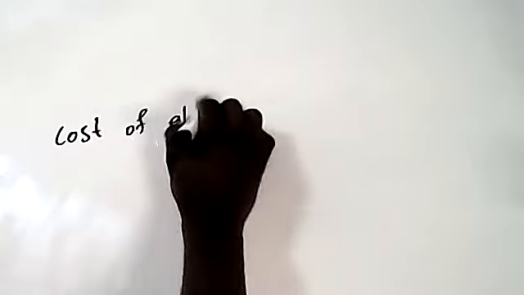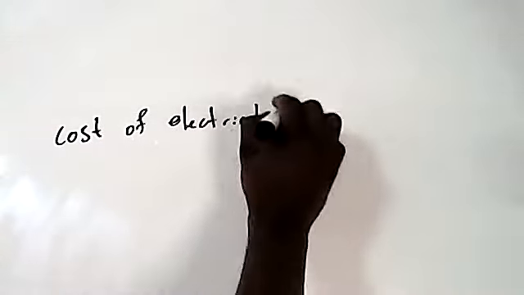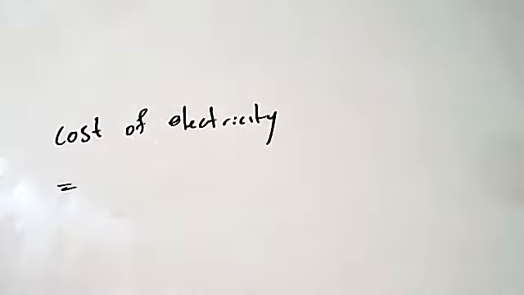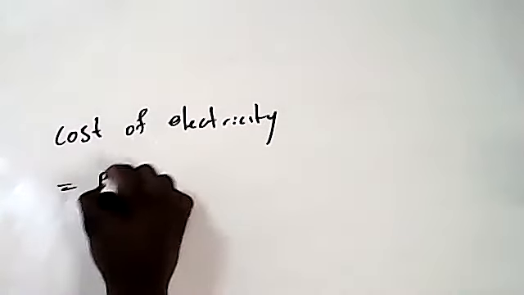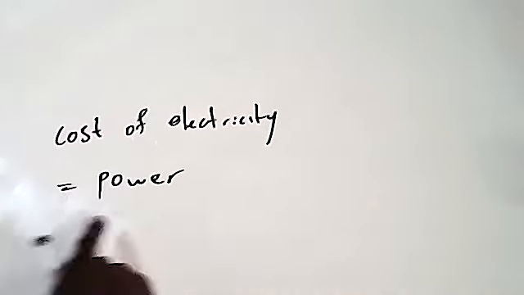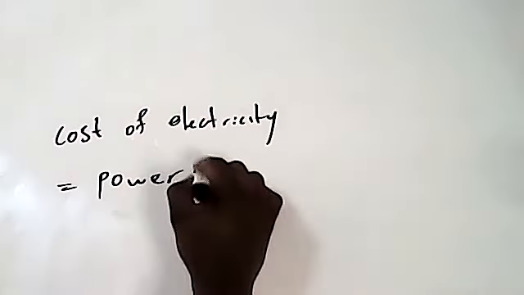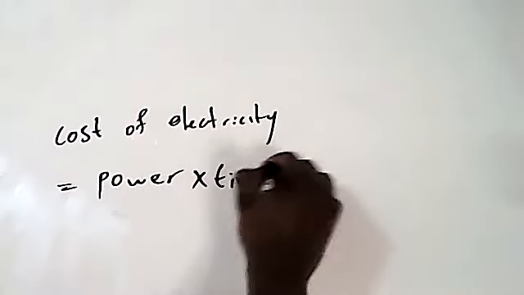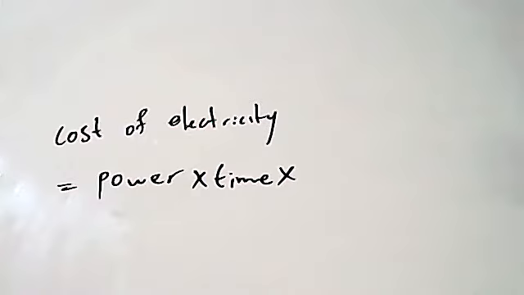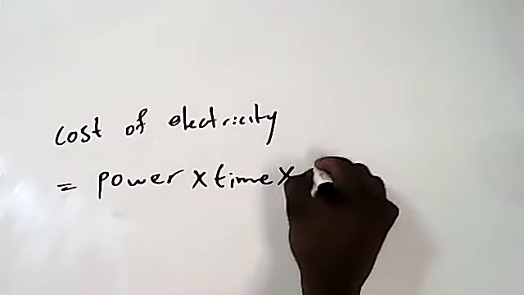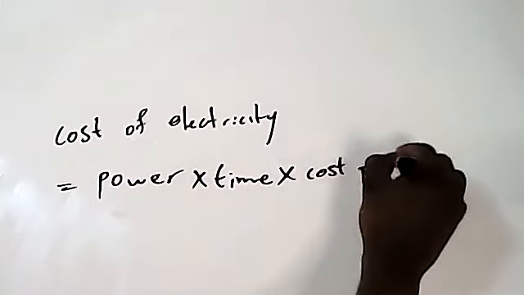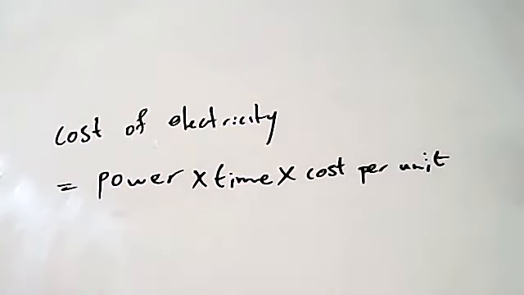So the cost of electricity is given by the power. Now that you know what power is, you take the power that is being used and multiply it by the time, how long the electricity was being used, and you multiply that by the cost per unit, which you will be given.